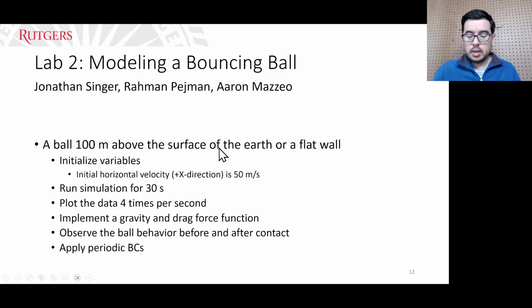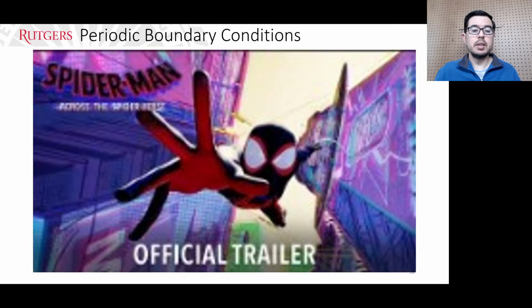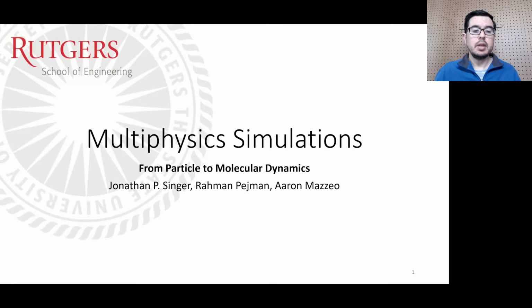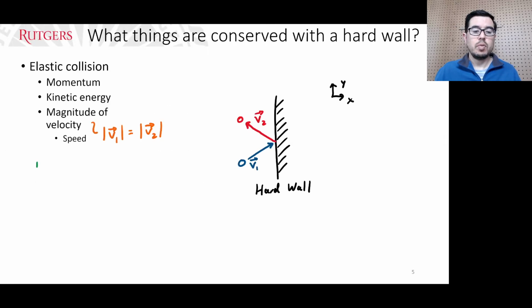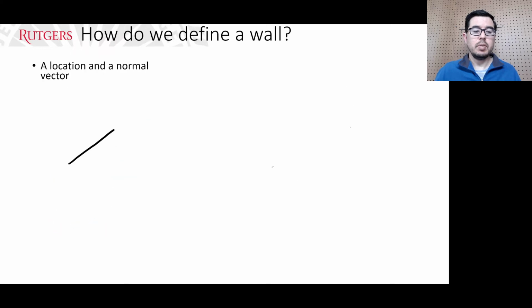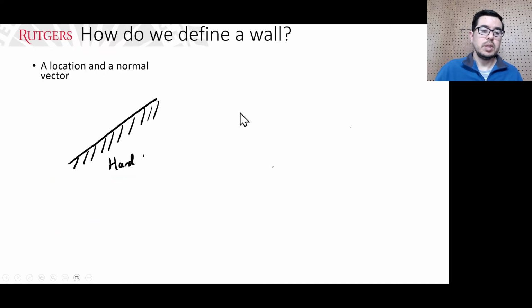How do you define a wall? Well, our wall is going to be a plane in this case, and for that, we can use a location and a normal vector.